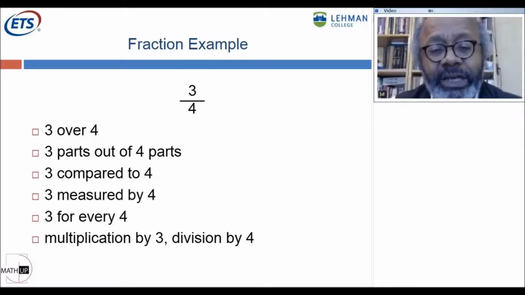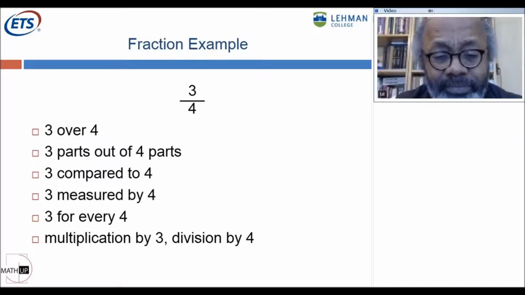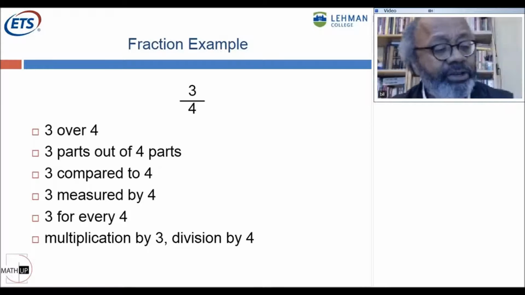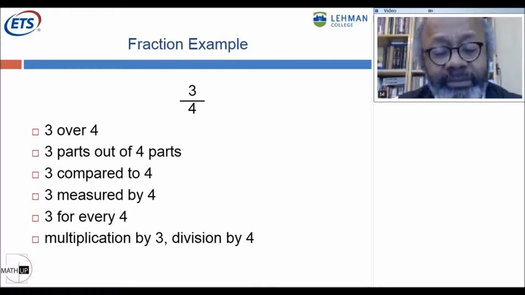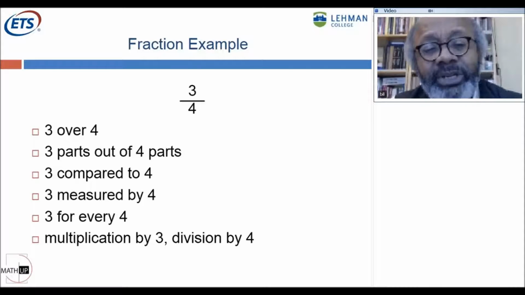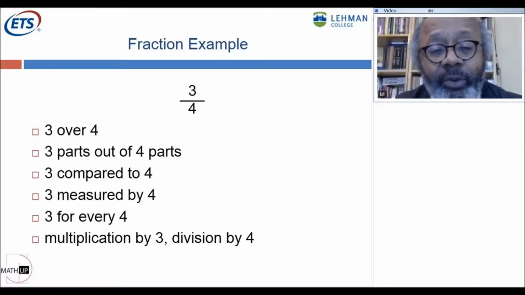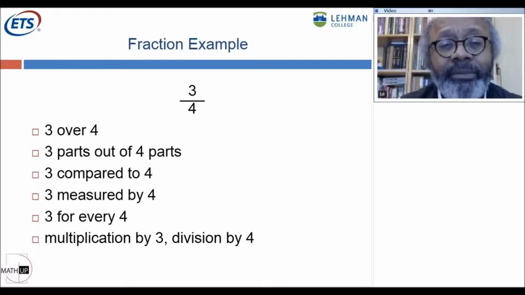And one of the issues around this symbol is that when we do read the symbol as 3 over 4, there's no way for students to tell which of those 5 different interpretations of this symbol 3 over 4 we are actually thinking about and using.